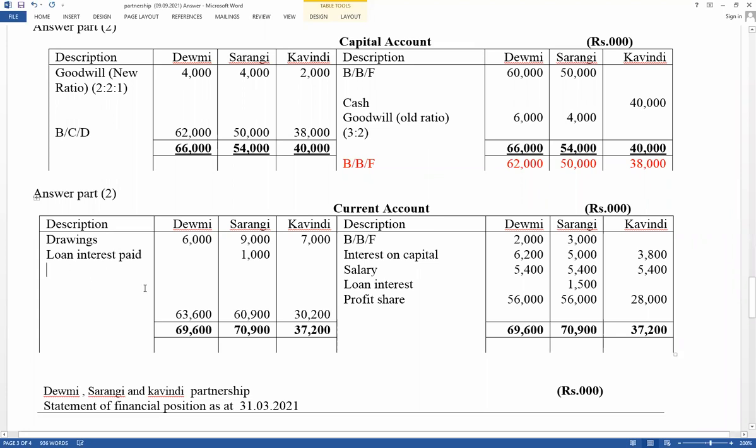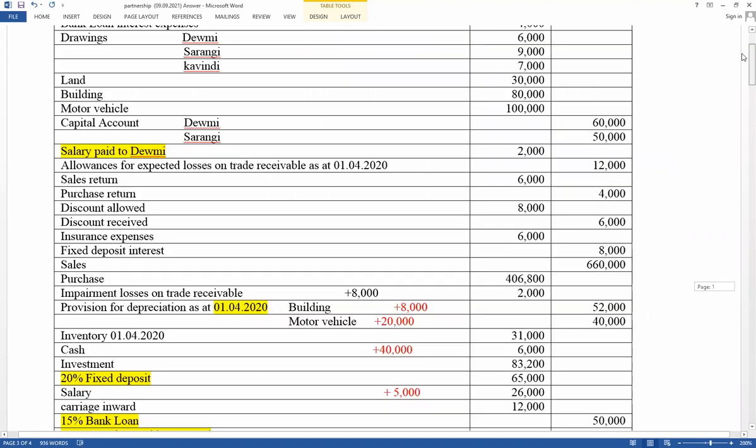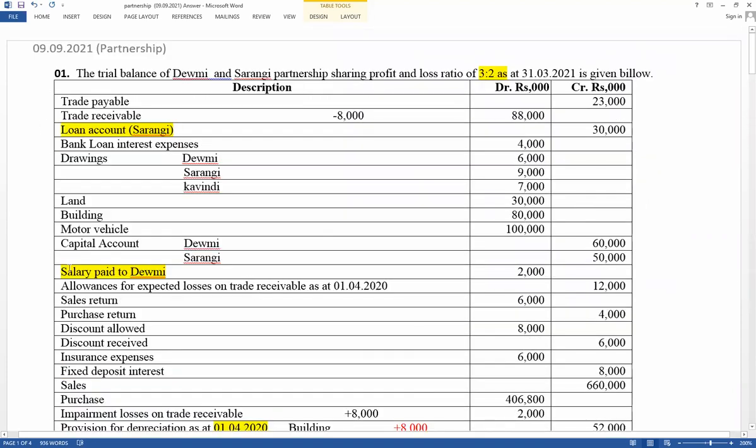It should be recorded in Devmini's current account. See the trial balance, it has given salary paid amounts. Very important, this part. Salary paid to Devmini, it has given 2,000. Think about this value. All the paid amounts for partners should be recorded on the debit side of the current accounts. This is salary paid to partner.